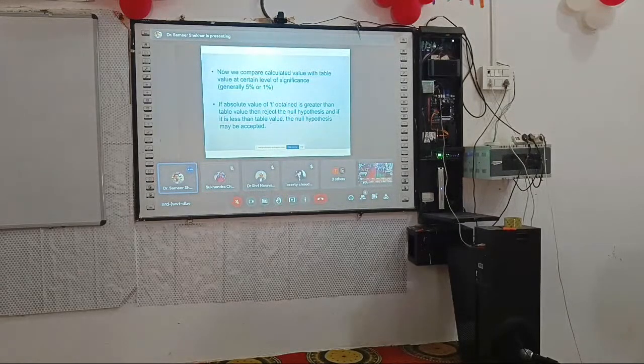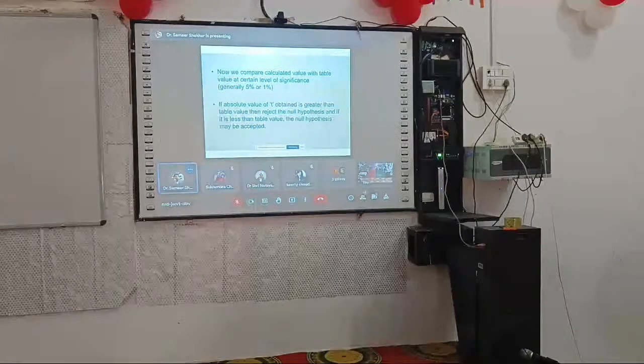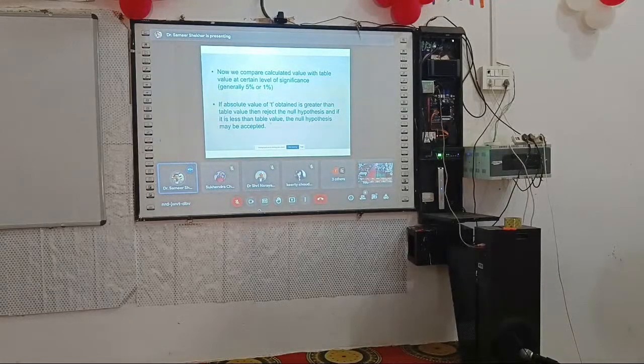we try to compare it based on the level of significance that we considered, at the 95% level of confidence or 99% level of confidence, right? So if it will be 5%, that means that the alpha value with which we have to compare our p value will be 0.05.